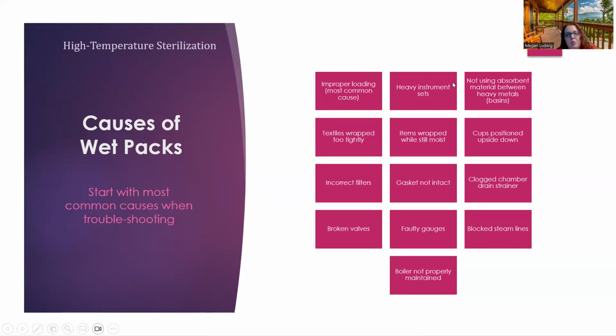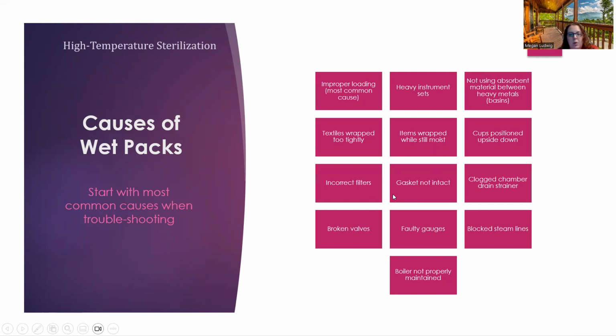Maybe your instrument sets were too heavy. Basins may not have any absorbent material between them if there are two of them together, okay? Wrapped too tightly is not going to allow it to escape. Wrapping items while still moist, make sure everything's dry. Cups are positioned upside down. Again, it didn't pool out.